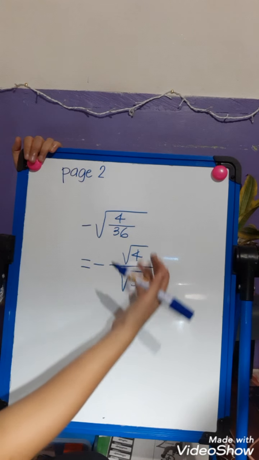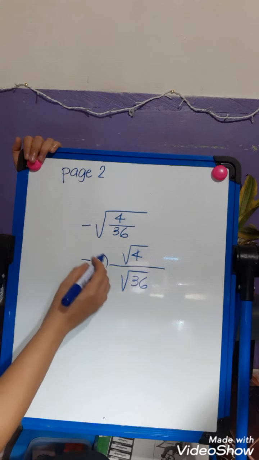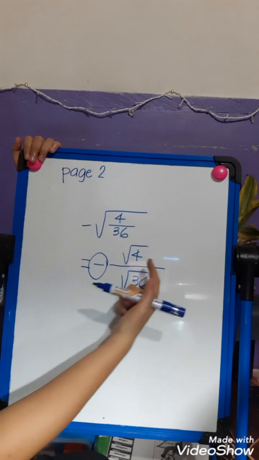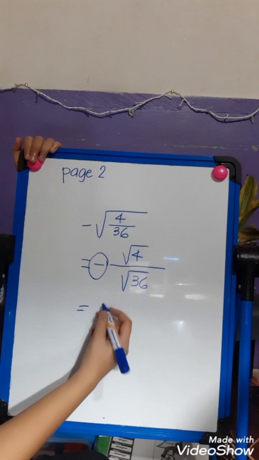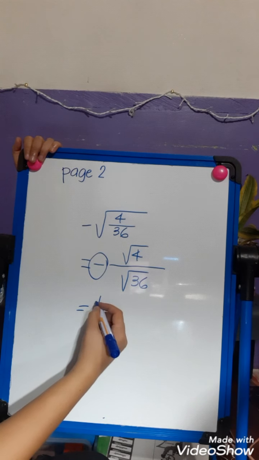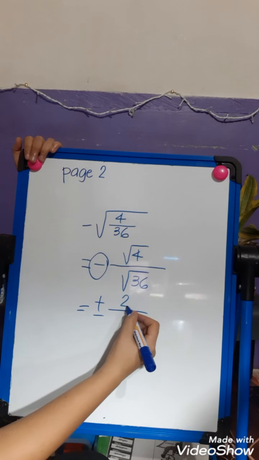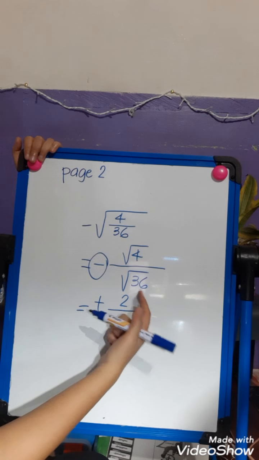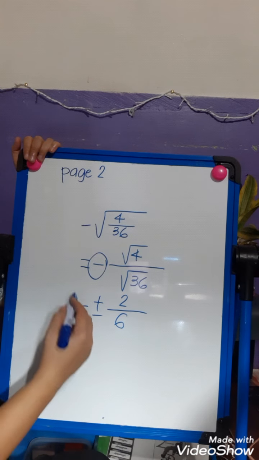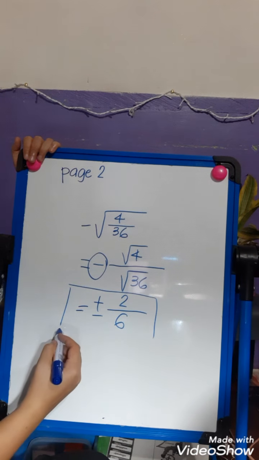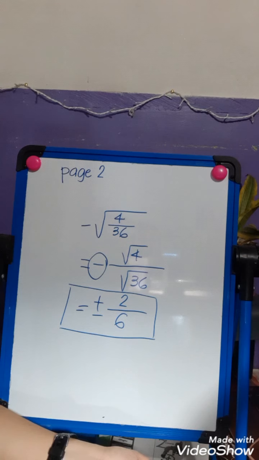Then extract the square root of both, and as I keep on saying in our previous discussion, this sign will not affect the original value of these perfect numbers. So, it's understandable that we have plus and minus. Square root of 4 is plus and minus 2, and the square root of 36 is plus and minus 6. So that's it.